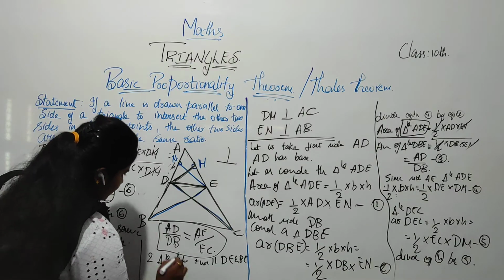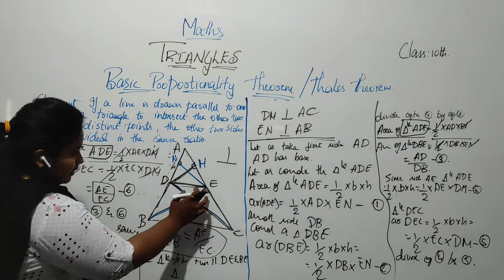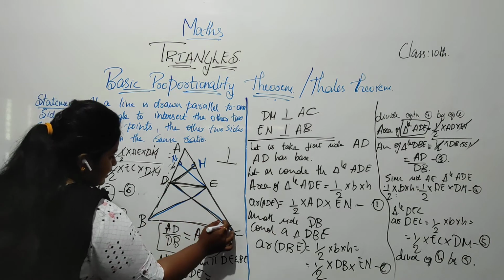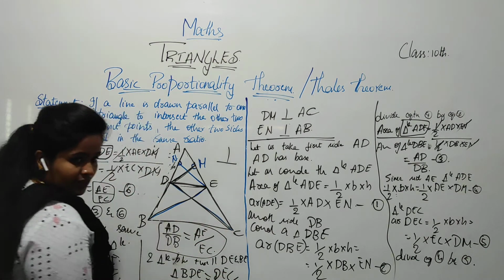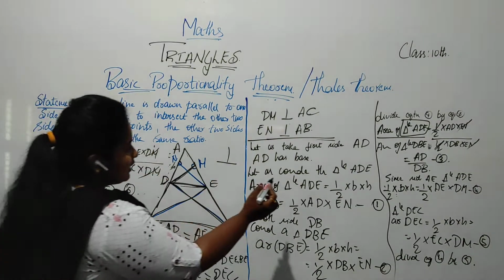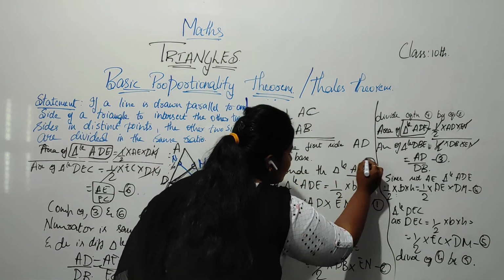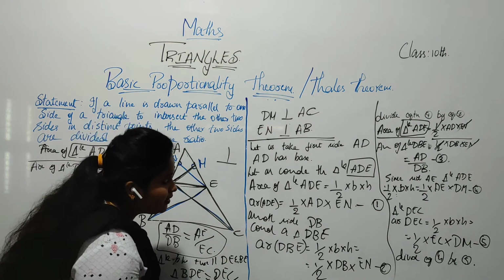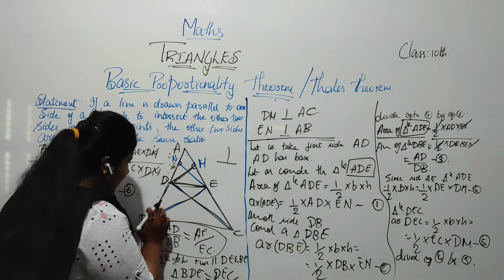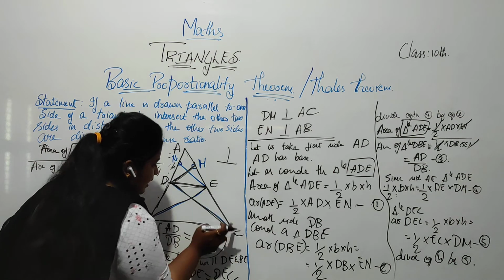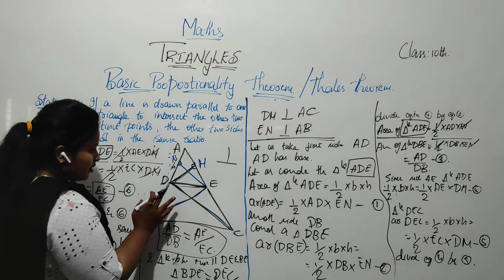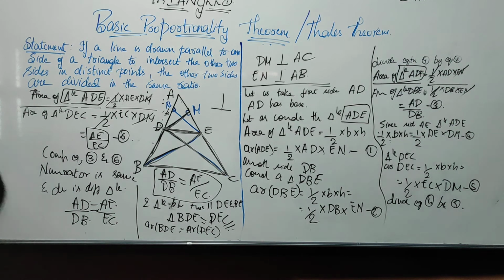Triangle BDE is equal to triangle DEC. Once we took DBE and once we took DEC, just as we took the same triangle ADE on both sides.